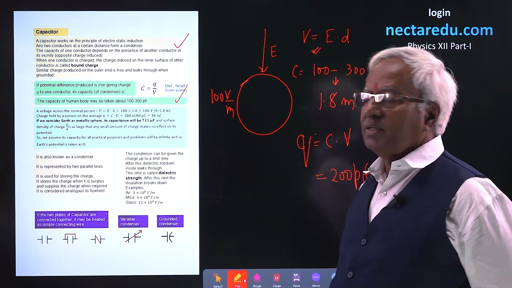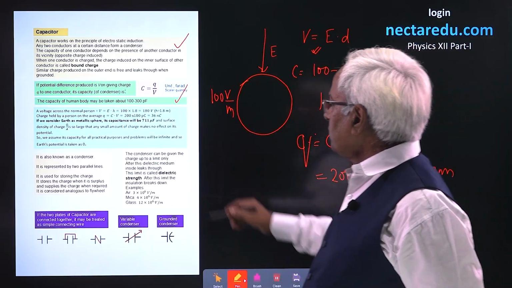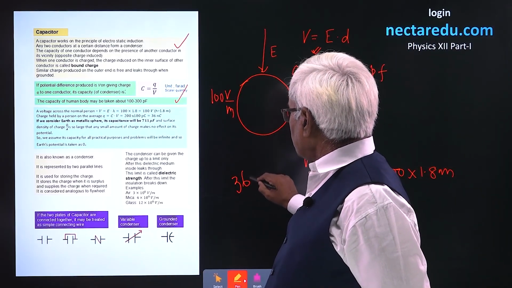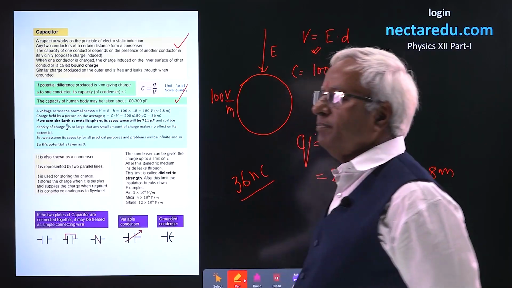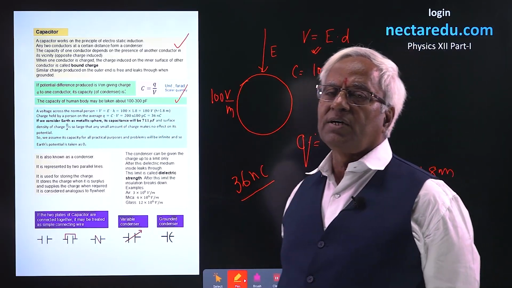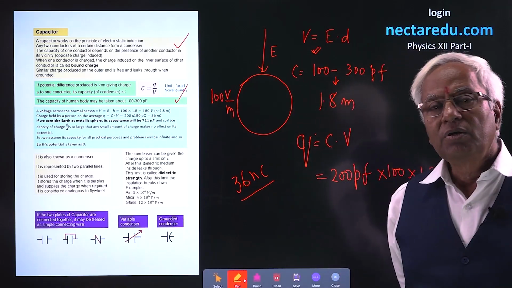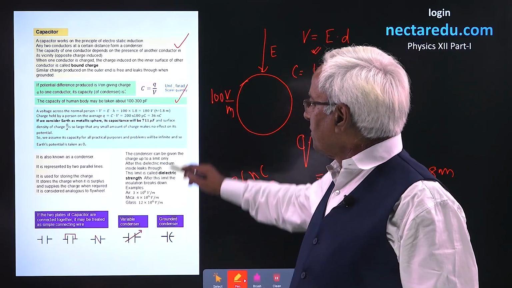If you calculate all this, you'll find that the total value comes out to be 36 nanocoulomb, meaning this much amount of charge you always have on your body. It's given here.